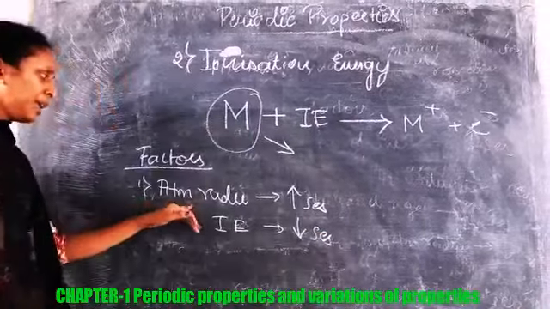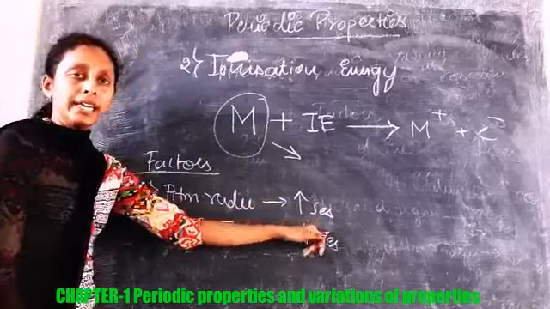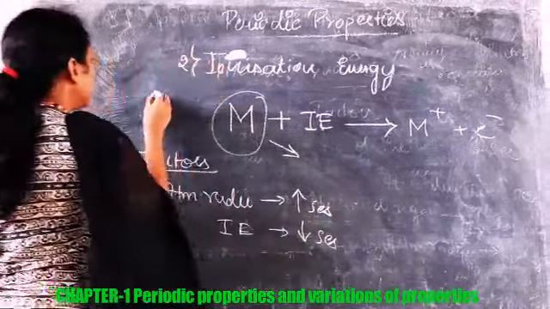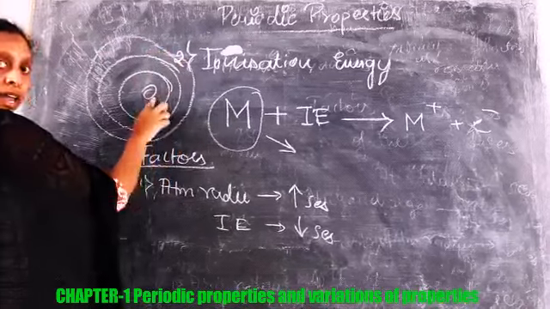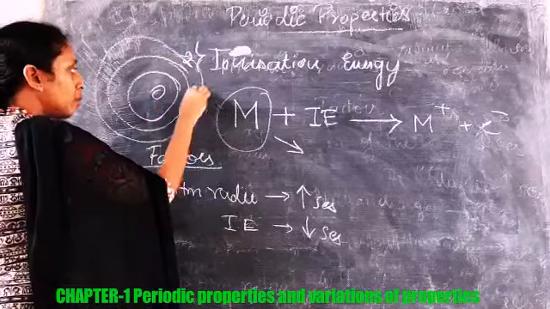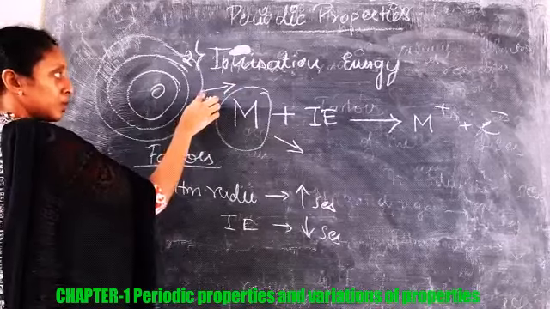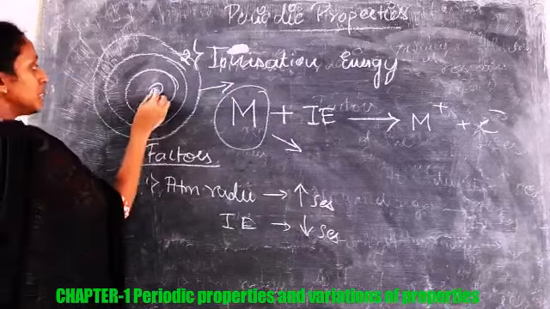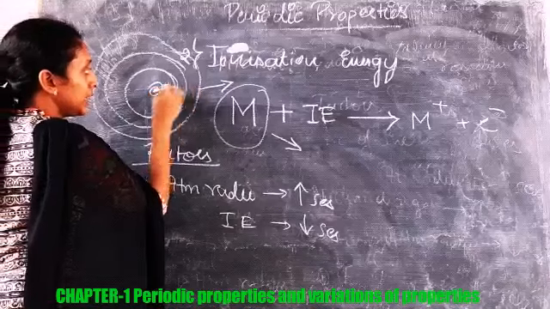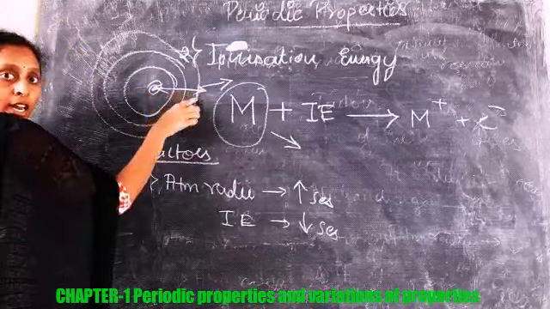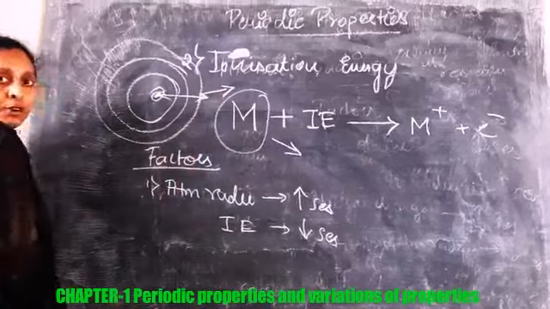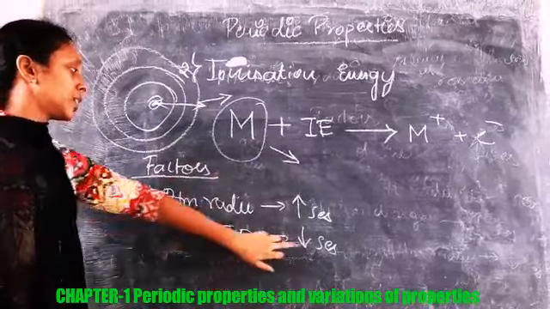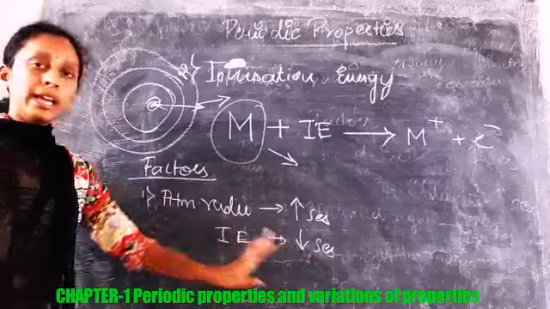If the atomic radii is high, removing an electron from the outermost shell will be very easy, because the attraction between the nucleus and the electron will be very low. So the minimum amount of energy is required to remove an electron from the outermost shell. So the ionization energy required is very less.